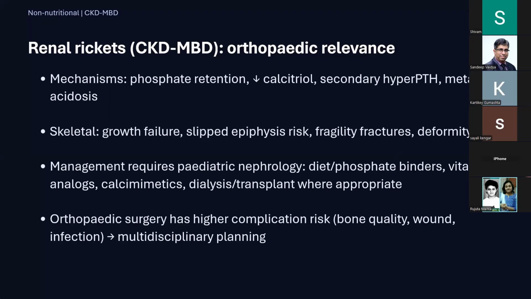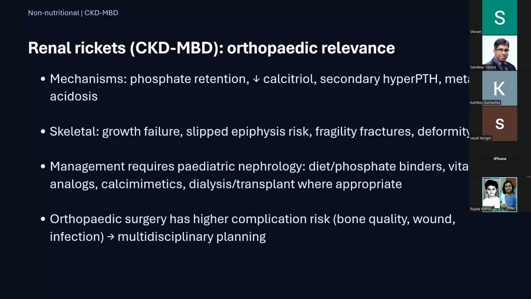We can commonly see fragility fractures and deformities in such cases. Basically, it has to be treated with a nephrology consult and dietary phosphate binders, vitamin D analogs, calcium mimetics, and dialysis and transplant wherever appropriate as per the nephrologist.